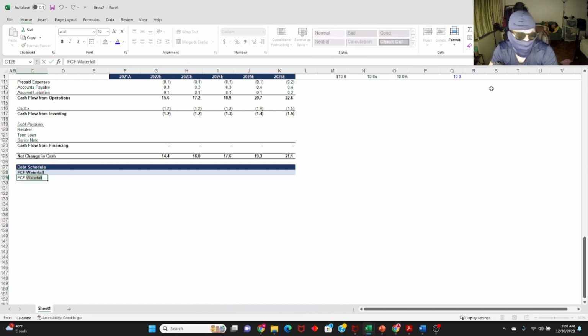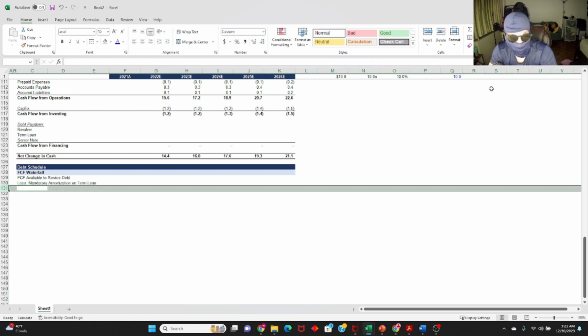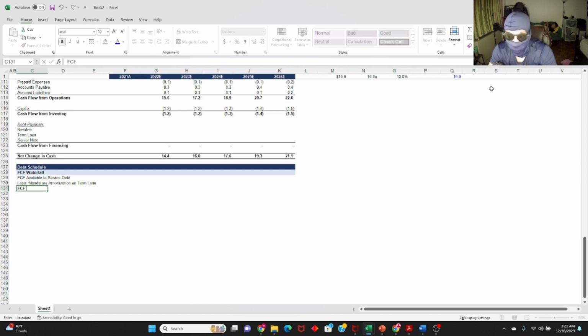You're going to start off by waterfalling down your free cash flow that's available to pay each tier of your debt. So you're going to have your free cash flow available to service debt in general. You're going to less your mandatory repayments, your mandatory amortization of principal repayments on your term loan. And then after that, you're going to have your free cash flow available to service your revolver.